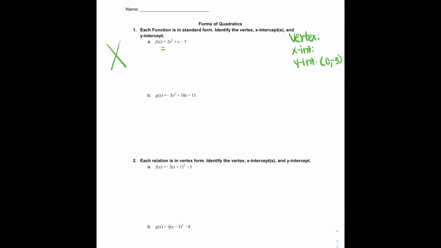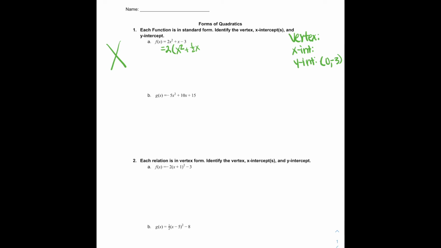I want to use my x method, but to be able to use my x method, I really want my a value to be 1, so I don't have to do the whole box method. So I'm going to factor out this 2. 2x squared divided by 2 is x squared. Then I have 1x divided by 2, that's going to give me 1/2 x.